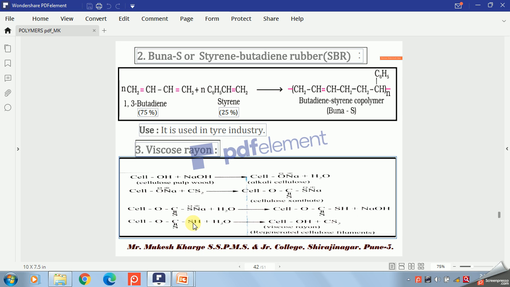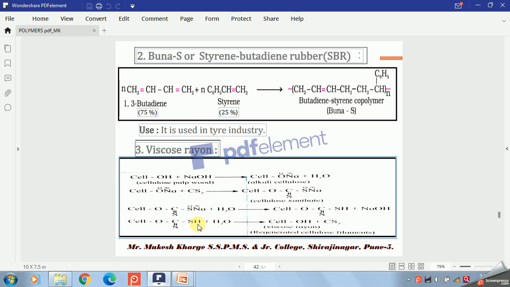Again the SH gets replaced by OH and we get H2S plus C=S, which with this S gives CS2 again.